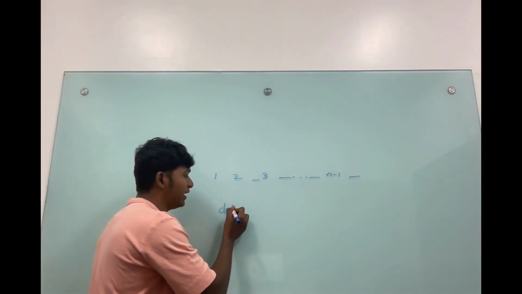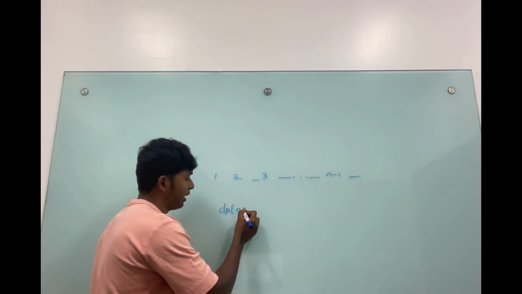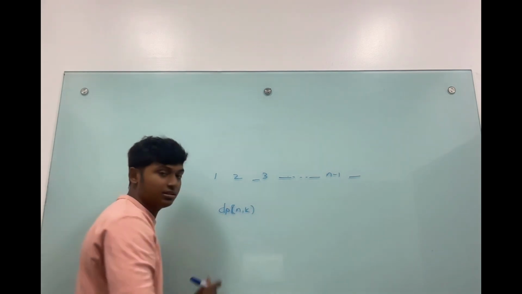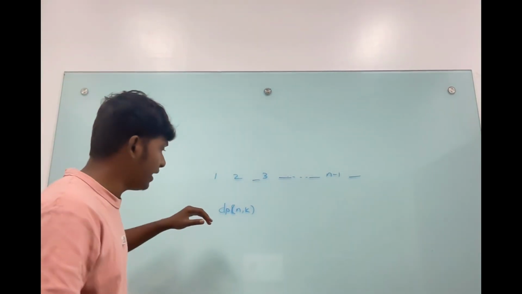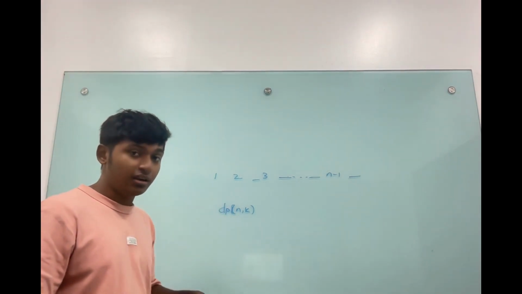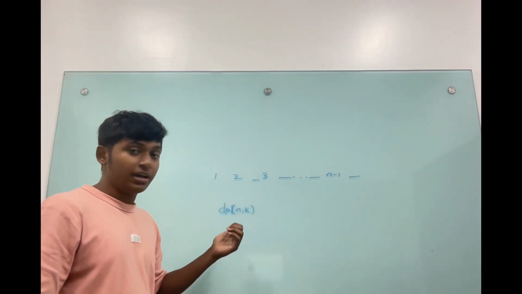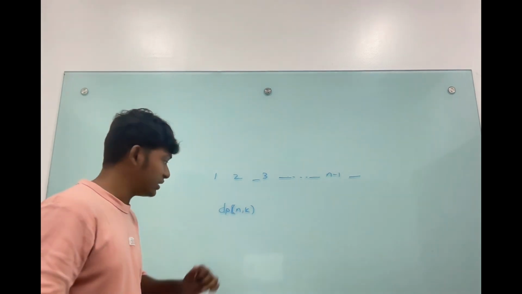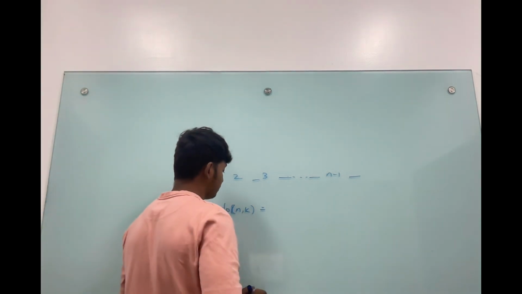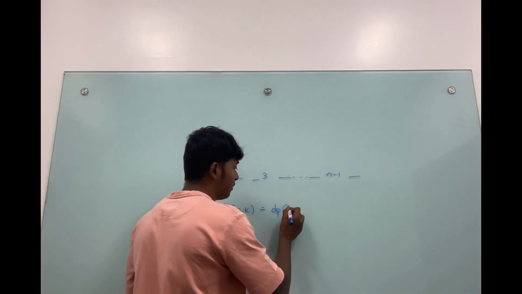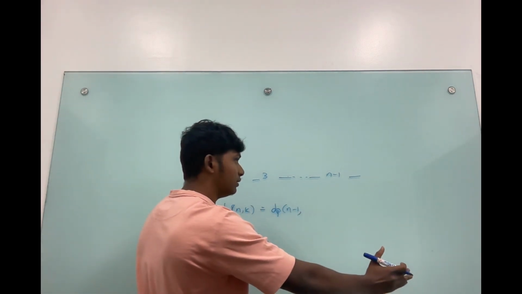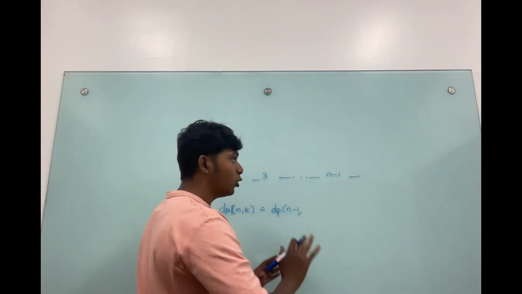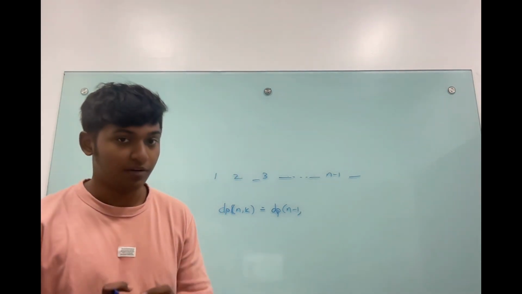Let me define dp of n comma k as the number of distinct permutations of the array of size n, which has elements from 1 to n, and whose inverse pairs are k. It is equal to dp of n minus 1 comma k, because if I place n at the end, it won't change the number of inverse pairs.